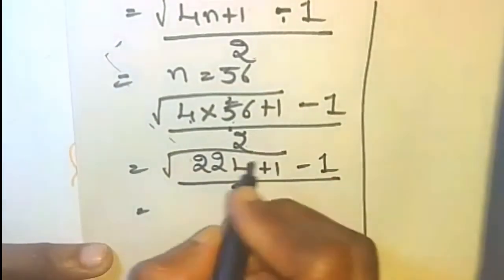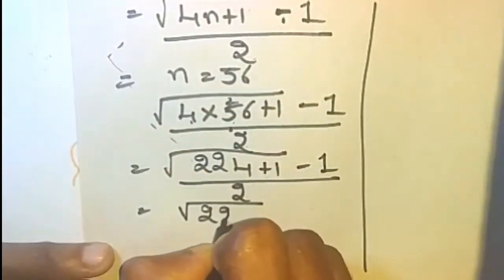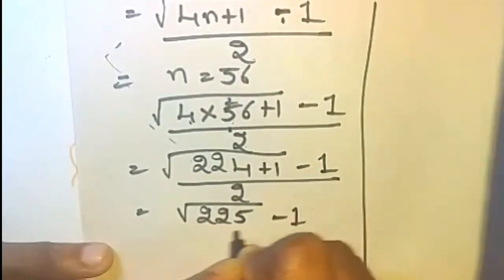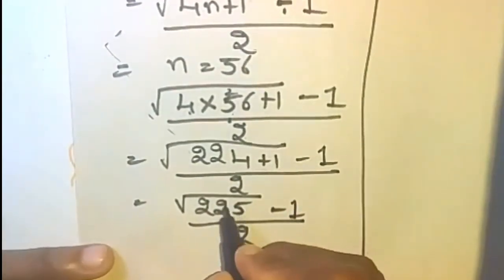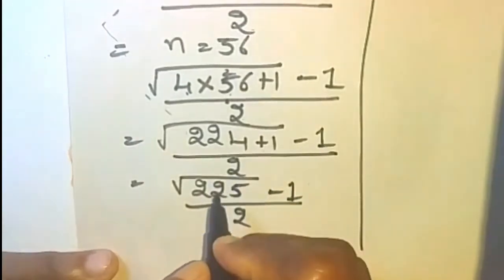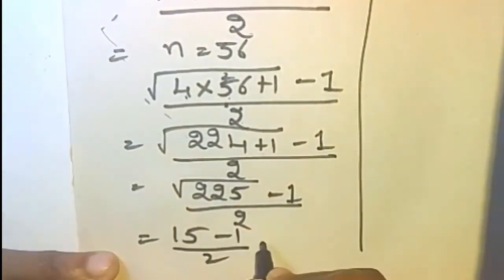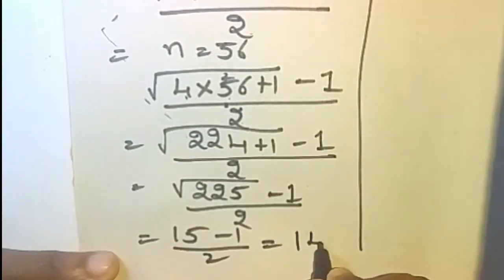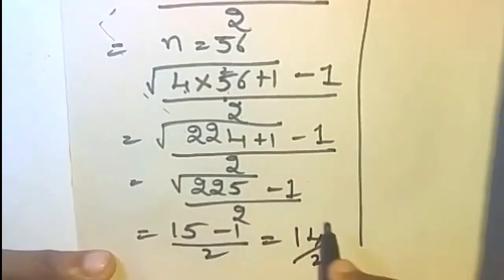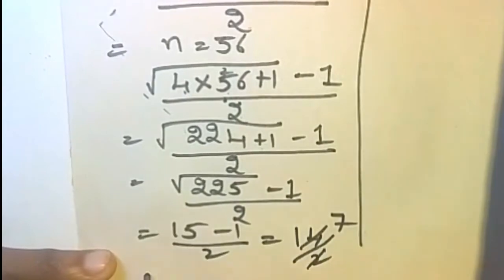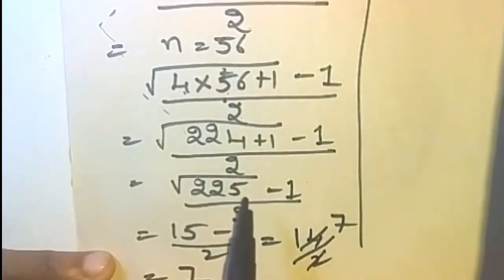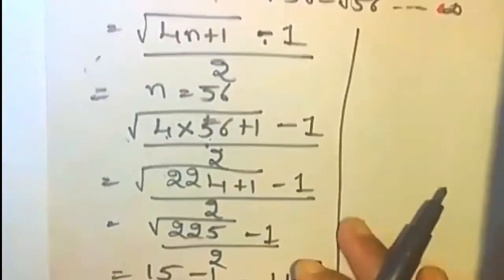Now 224 plus 1, how much is it? 225. Under root 225 minus 1 divided by 2. The square root of 225 is 15. So now 15 minus 1 divided by 2 is equal to how much? 14 by 2. Now 2 sevens are 14. So the answer is 7. Through the formula we are getting 7, right?